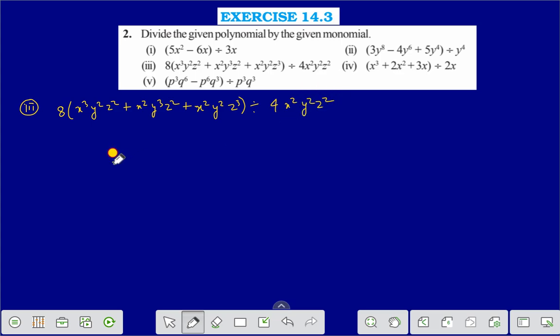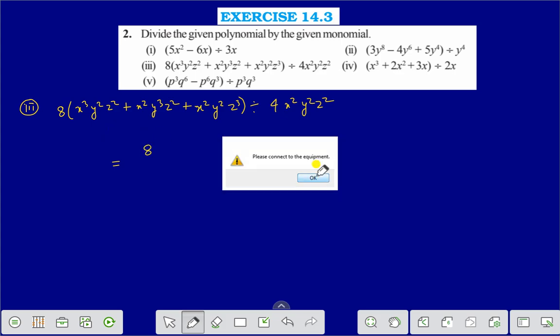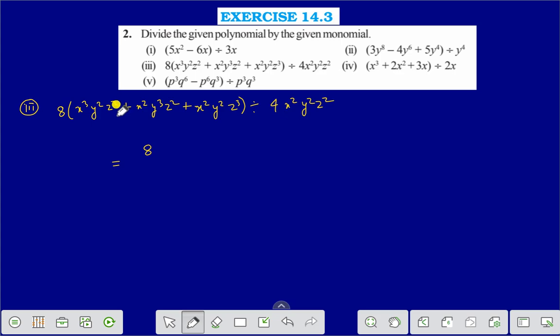It can be written as 8, and if you take common x square y square z square, then we are getting x plus y plus z divided by 4 x square y square z square.